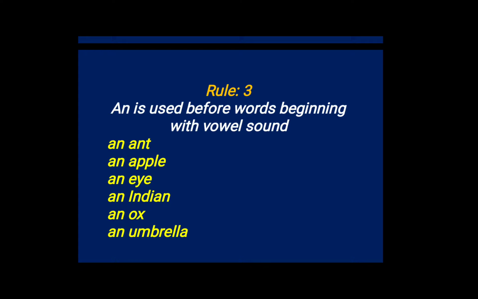Look here: an ant, an apple, an eye, an Indian, an ox, an umbrella. Because these words begin with a vowel sound, we use the indefinite article an.